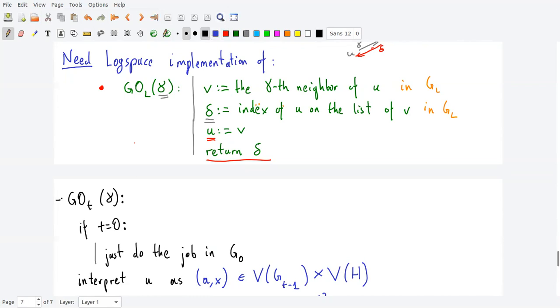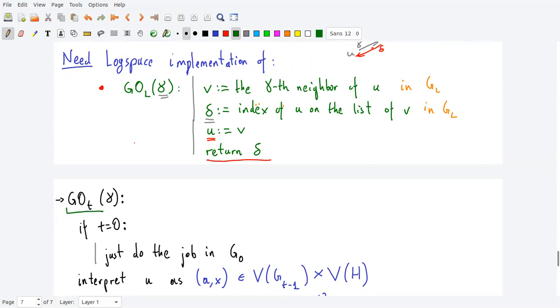Namely, in order to emulate the neighborhood lists in GL, we will use emulation of the neighborhood lists in GL-1, which will use GL-2, and so on up to G0. So the macro go will also be implemented using recursion.